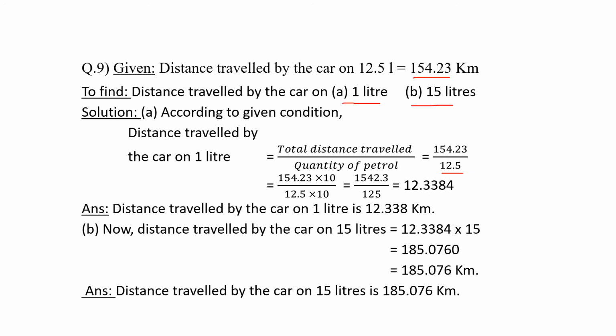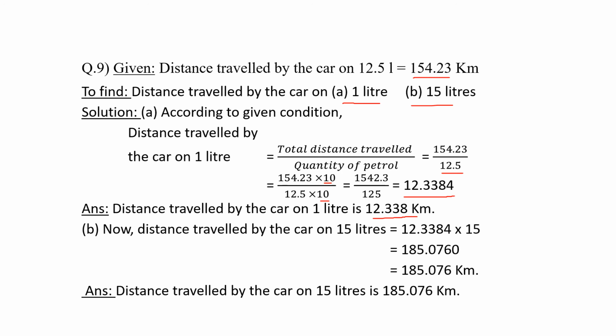Okay, so here the least decimal place number is 1, so we'll multiply here by 10 to numerator and denominator. So we'll be getting 1542.3 upon 125. So after actual division, we'll be getting 12.3384. So our answer is, distance traveled by the car on 1 liter is 12.338 kilometer. Got it?